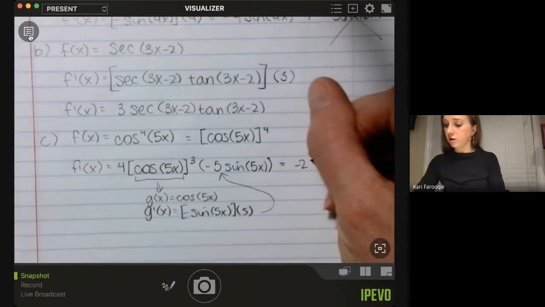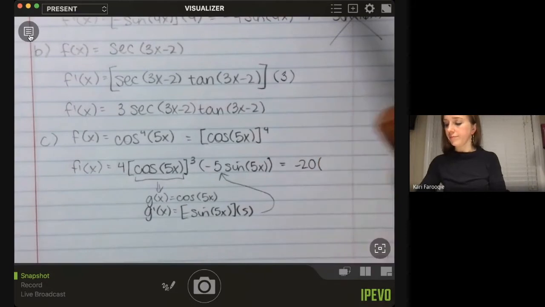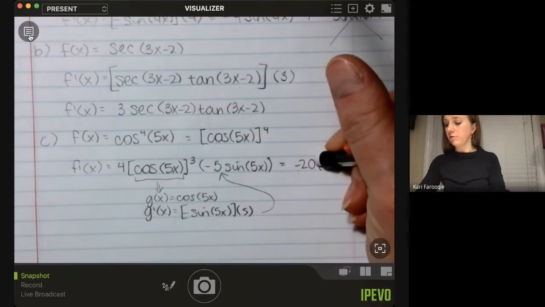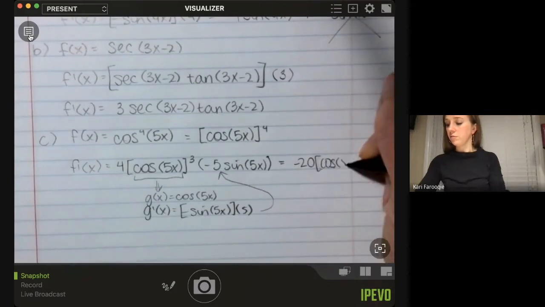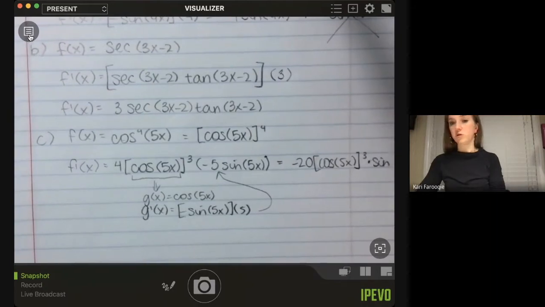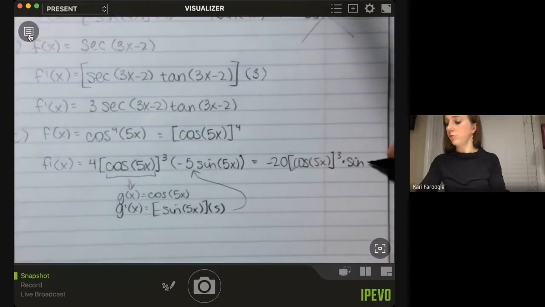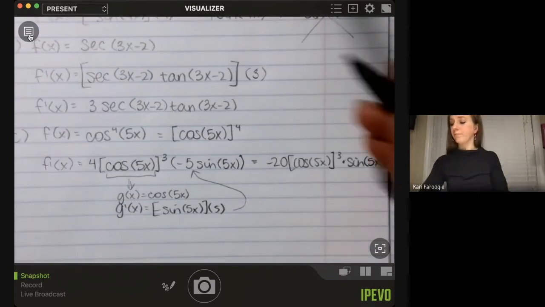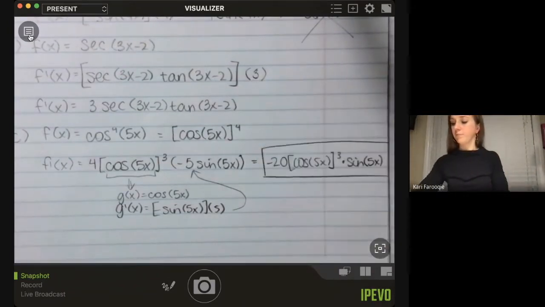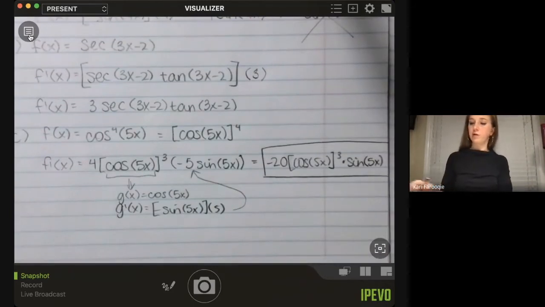So this will be negative 20. I'll keep with my bracket notation, I guess. Cosine 5x cubed times, and you don't have to write the multiplication sign, that's totally up to you, the sine of 5x. There's your answer.